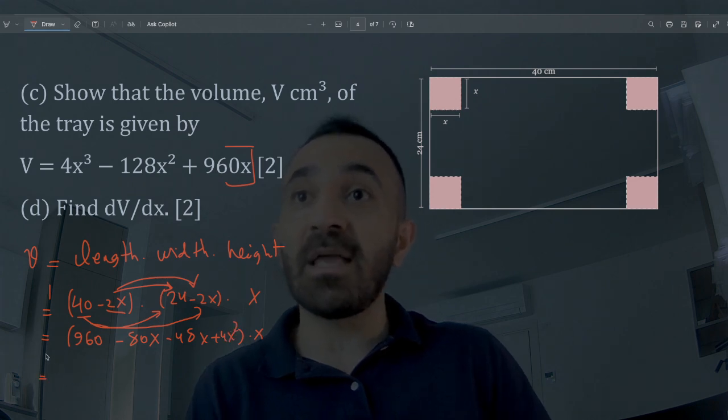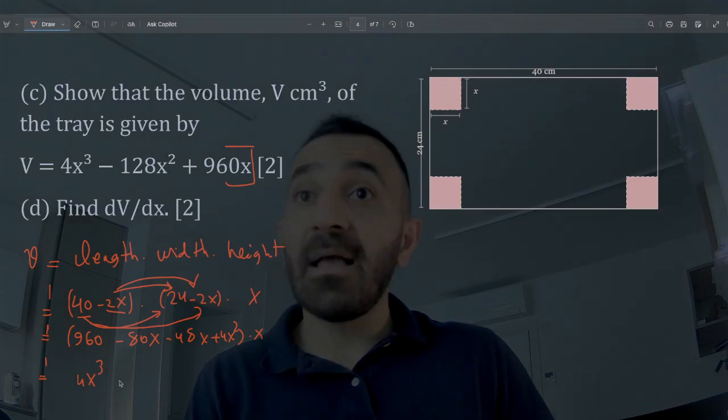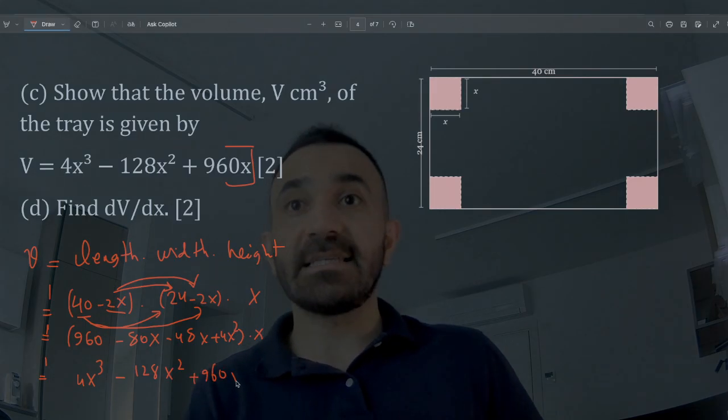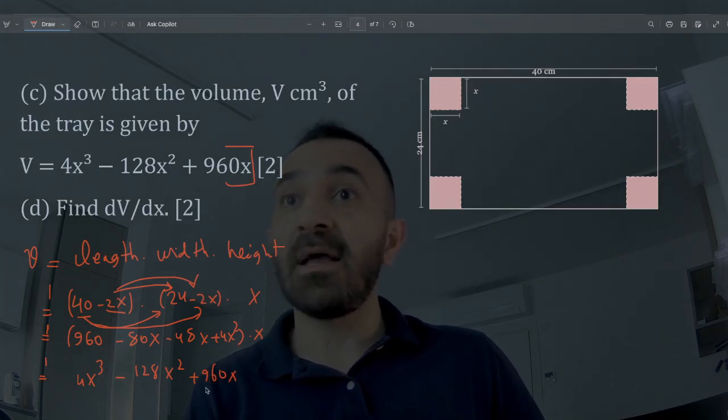Remember, I have to multiply everything by an x, so the final answer is 4x to the power of 3 minus 128x to the power of 2 plus 960x. So this is the formula for the volume, which is exactly what we have on the top.